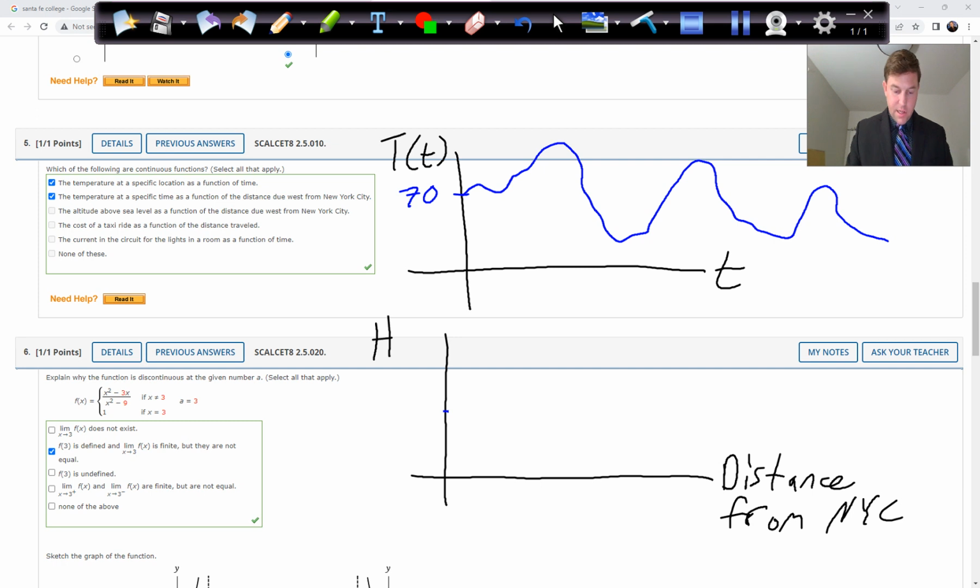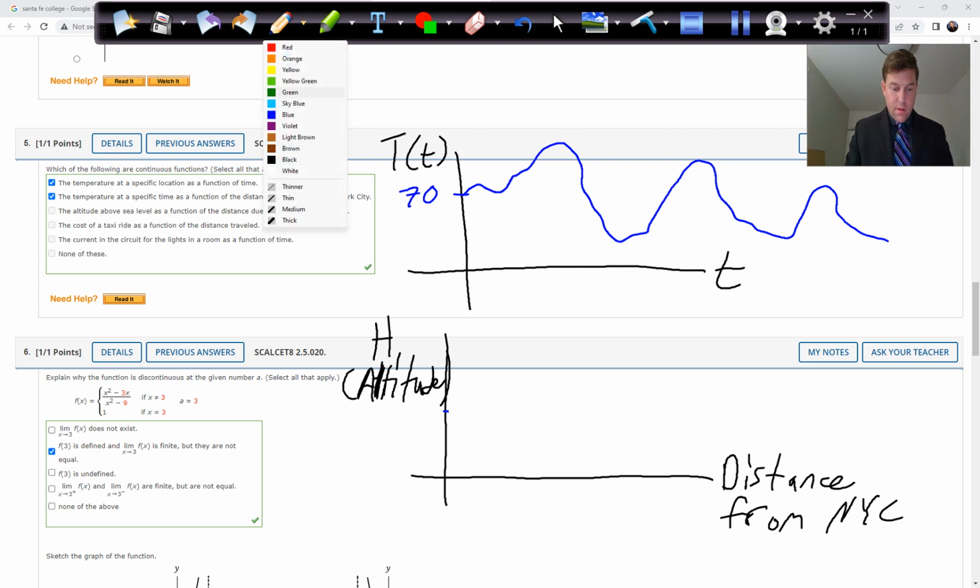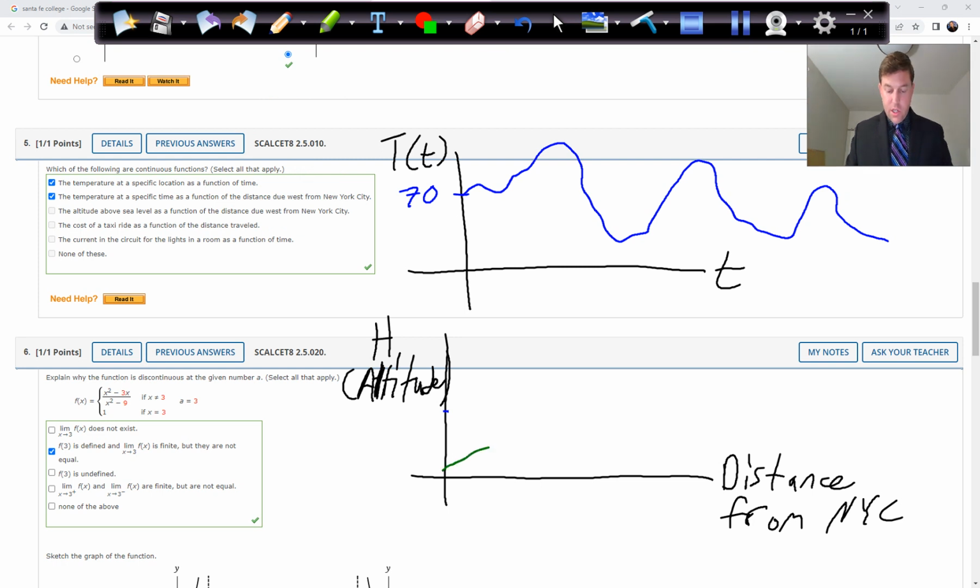So let's use h for altitude. Supposed to be an h there. Okay, so you're walking from New York City, close to sea level. As you go west, you go over some mountains, and you're going up, and then you get into the Midwest and it starts to flatten out.